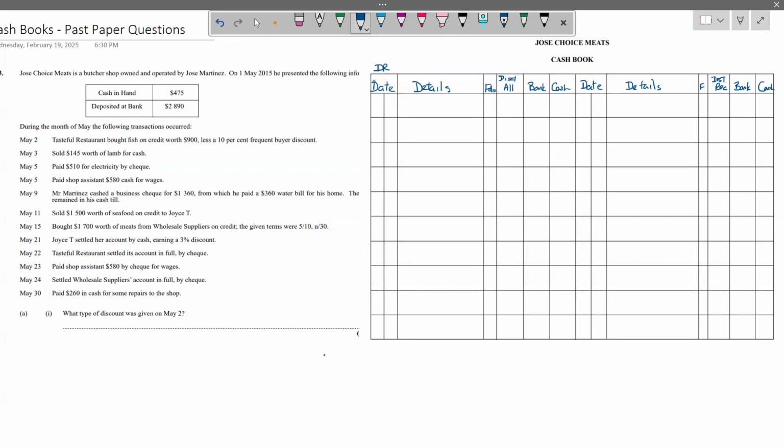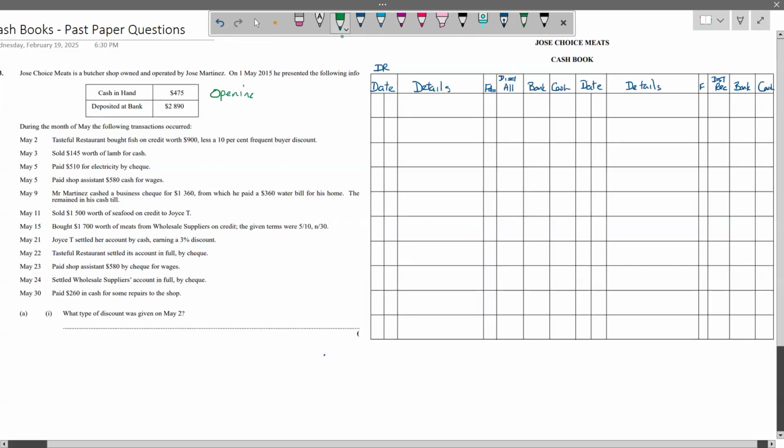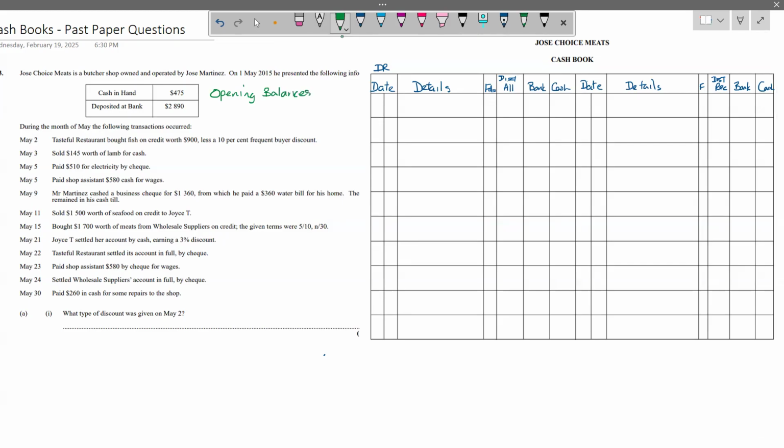So Jose's Choice Meat, sorry, is a butcher shop owned and operated by Jose Martinez. On 1st May 2015, he presented the following info: cash in hand and deposited at bank. These figures here, we're going to use a different color, is our opening balances. This is what he has on the 1st of May 2015.